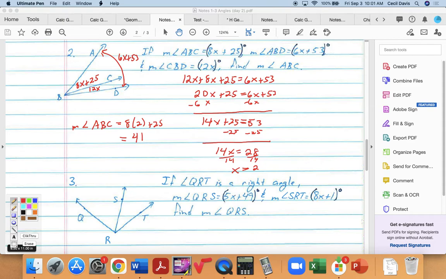Yeah, sign mistakes are the hardest thing to guard against. Here, how'd you get negative 6x? Oh, you should be adding these together, not subtracting. These are the two little pieces.